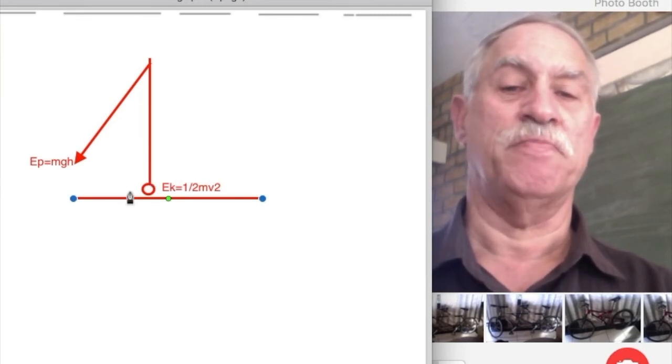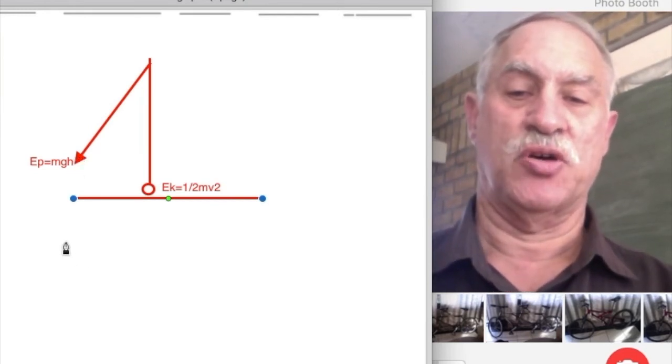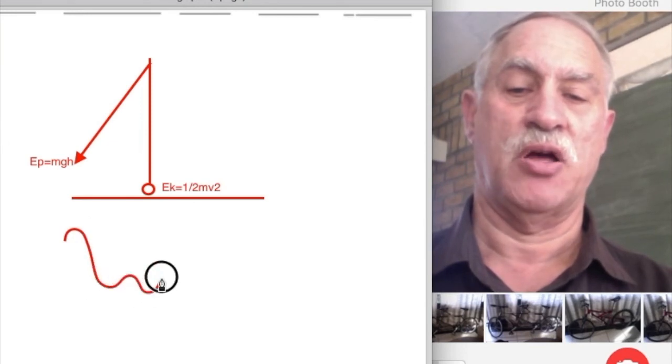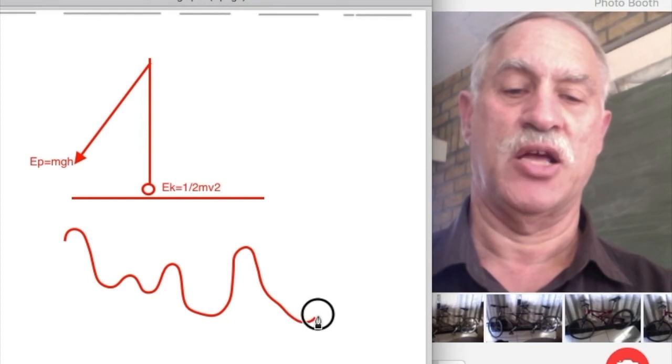And then, if we had a problem, let's just have a problem like this. You've got a skier and he's going up and down, up and down, and up and down, and ends up.